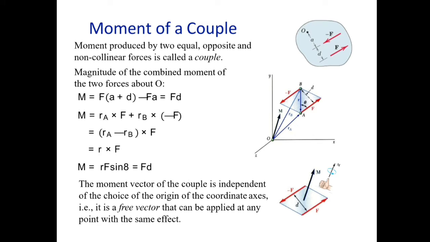In another way, we can also get this value in vector form. Suppose there is an x, y, z coordinate system. There are two force vectors, positive and negative.